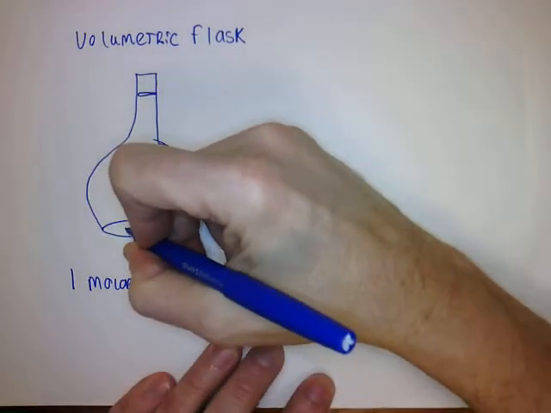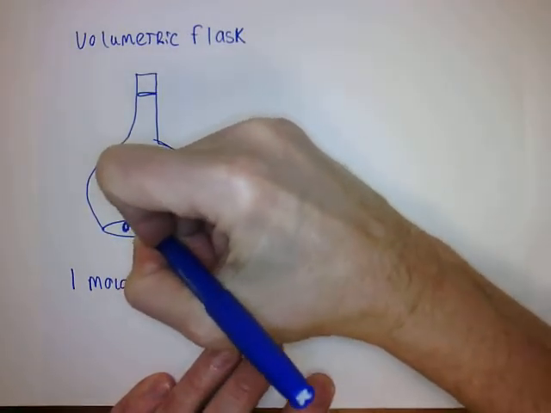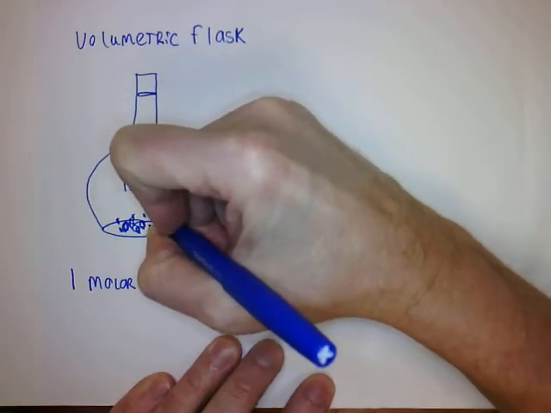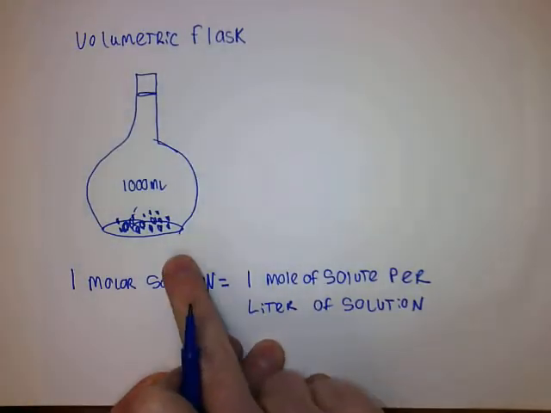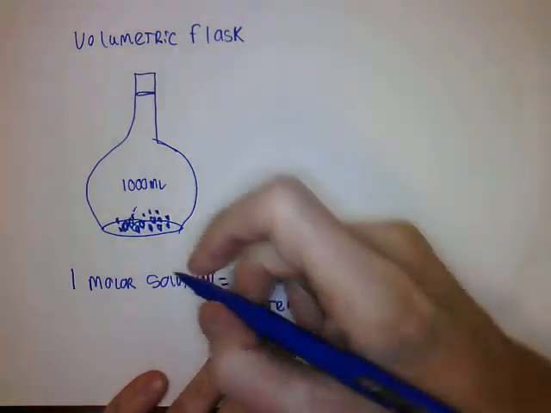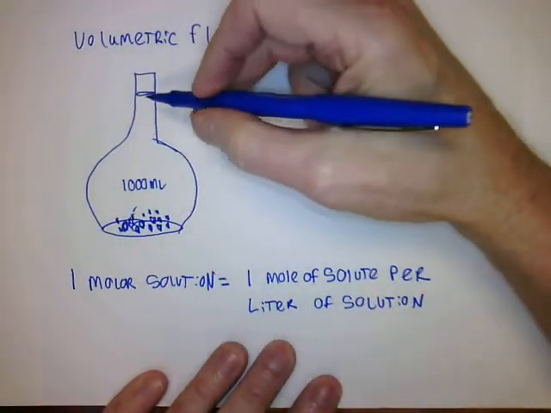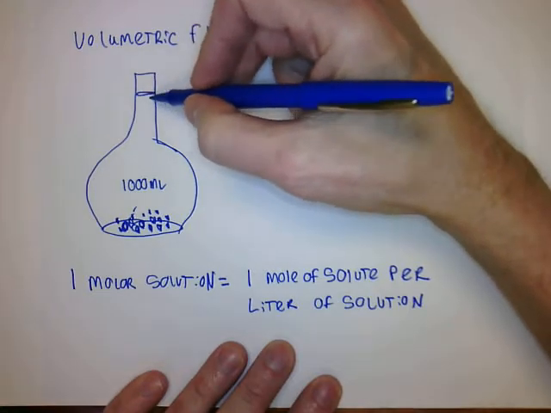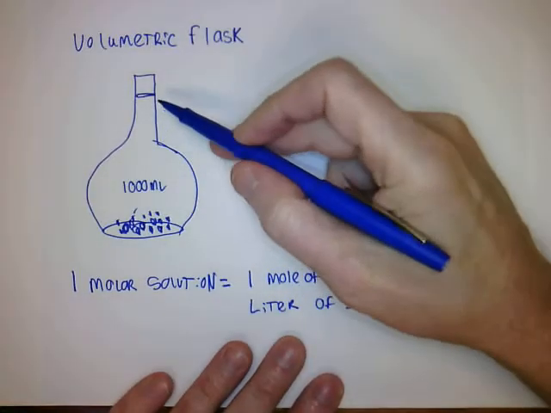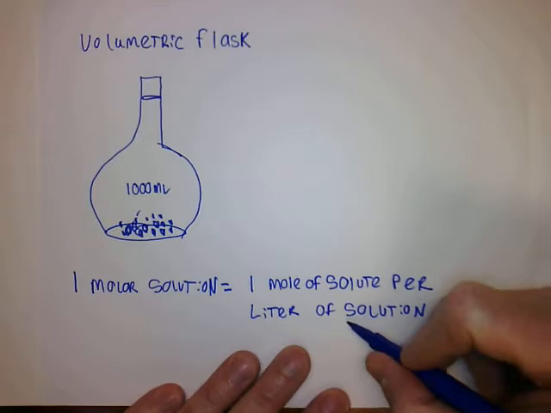Then we would weigh out our sodium hydroxide, which is usually in the form of pellets, and add it to our flask. Then we would add water. Water's our solvent, and we'd add water up to the mark on the neck. In other words, we add enough water to make 1 liter of solution.